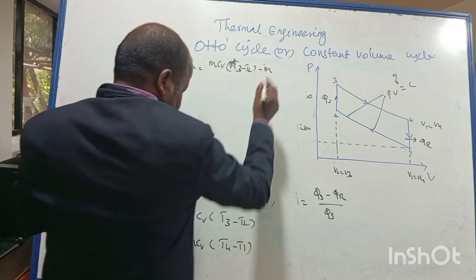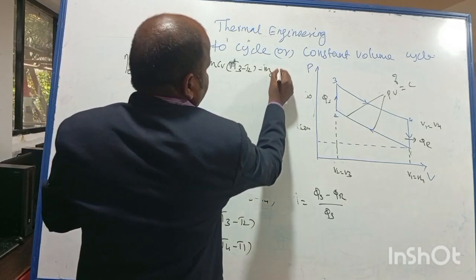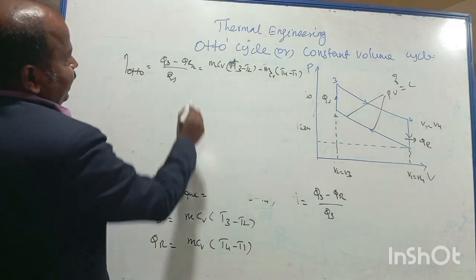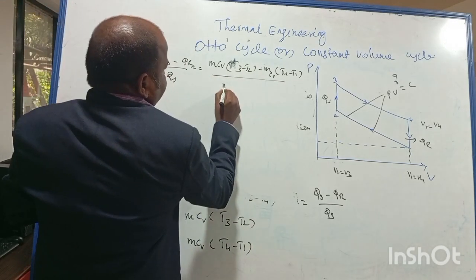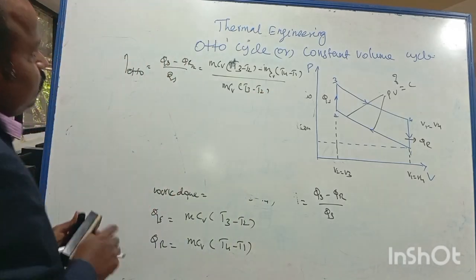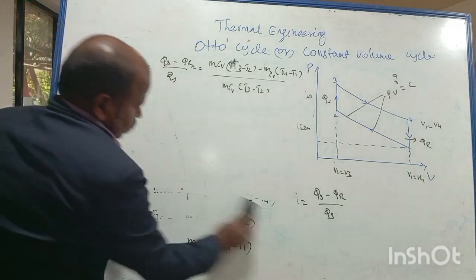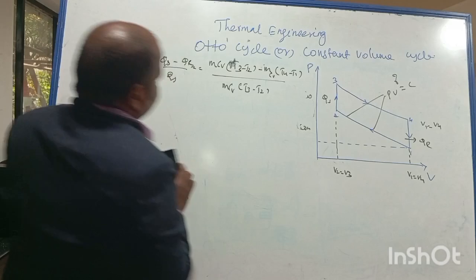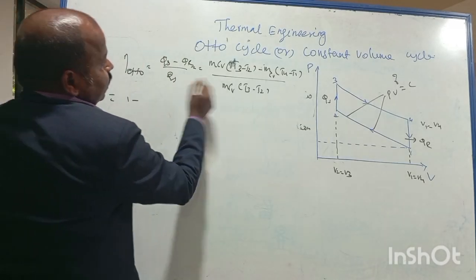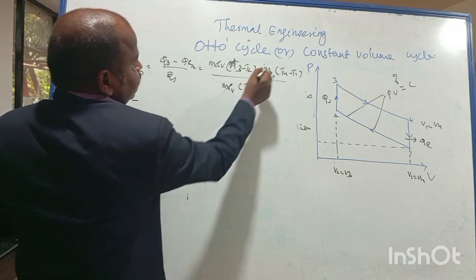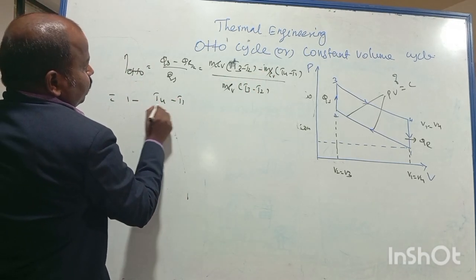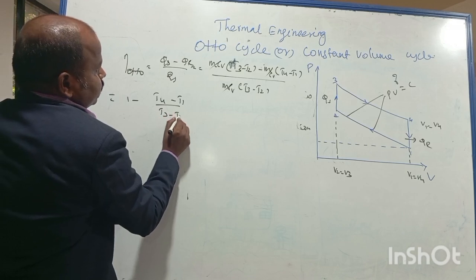So the efficiency is mCv(T3 minus T2) minus mCv(T4 minus T1), divided by the heat supplied, mCv into (T3 minus T2). Now we are going to simplify this. We can cancel the common terms mCv, so it is 1 minus (T4 minus T1) divided by (T3 minus T2).